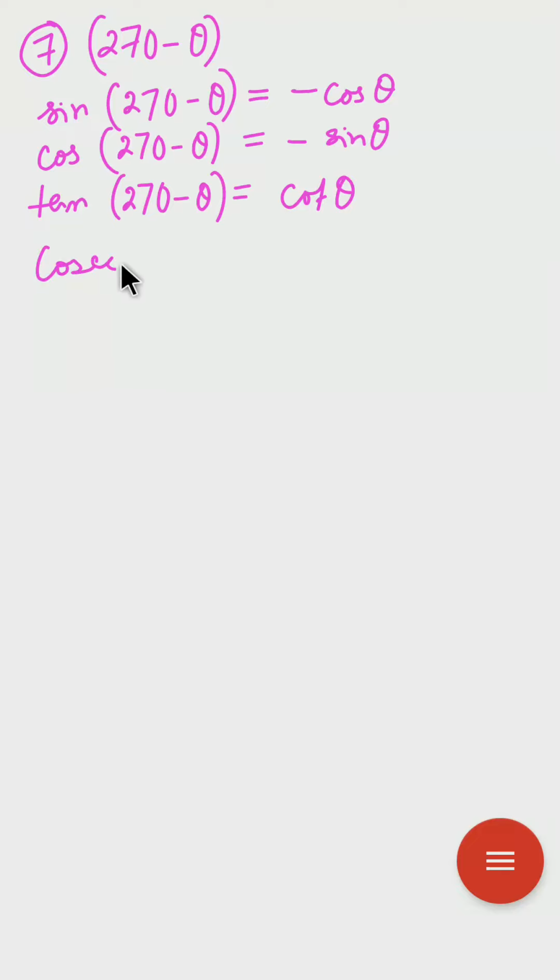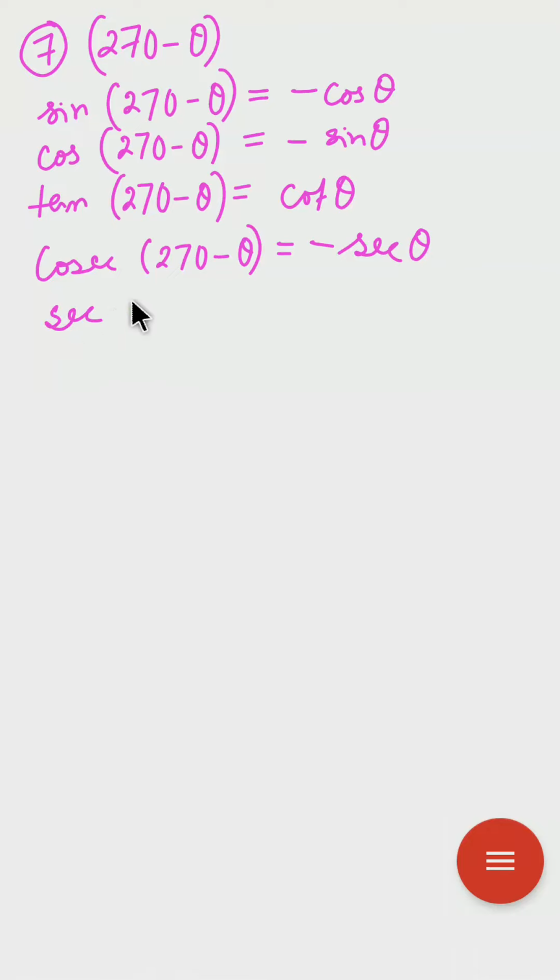Cosec 270 minus theta. I'm sure by now you all can find it out. Cosec 270 minus theta will be how much? 1 by sine 270 minus theta. So this will be 1 by minus cos theta. So this is minus sec theta.